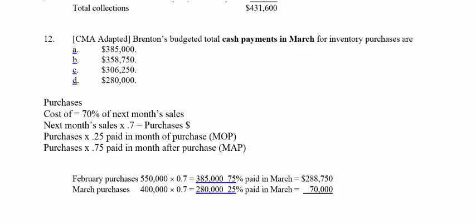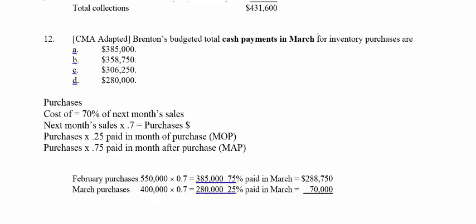Let's pull up our data down here at the bottom with it all spelled out. Next month's sales times 0.7 equals the total dollars for purchases. Purchases times 0.25 is paid in the month of purchase. Remember I said practice yourself some notation. And the remaining 75% is paid the month after purchase.